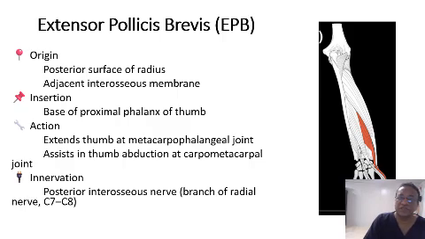During resisted thumb extension, its tendon becomes visible just lateral to the EPL. Functionally, EPB is essential for precision grip, texting, and fine motor control. All movements that rely on coordinated thumb extension.